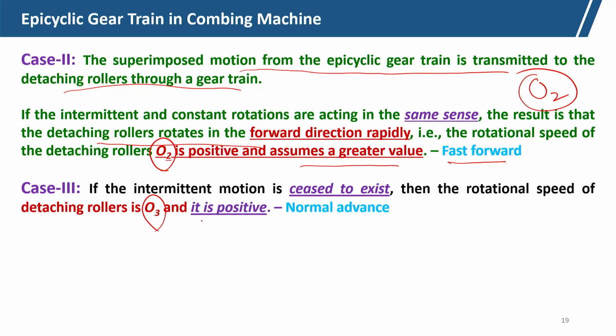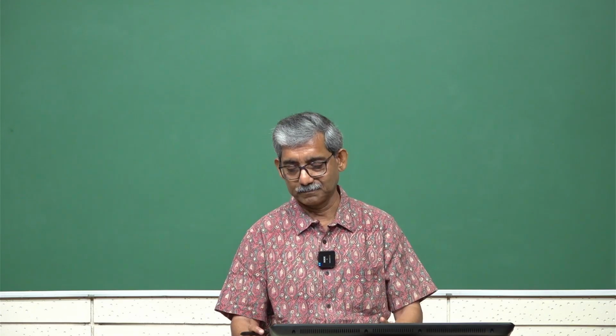So, the intermittent motion will stop and we will get the rotational motion O3, which is a normal advance, that means slow advance. So, 3 stages will be there, case 1, case 2, case 3. They will take place sequentially, not simultaneously.